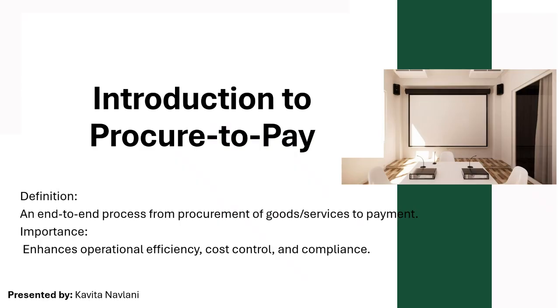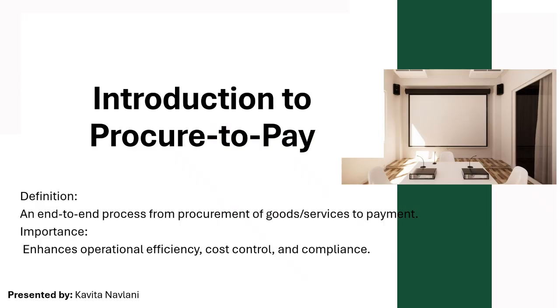Introduction to procure to pay: it is an end-to-end process from procurement of goods and services to payment. मतलब जब आप goods लेते हैं या services खरीदते हैं, तो payment तक जो step होती है, that is known as procure to pay.